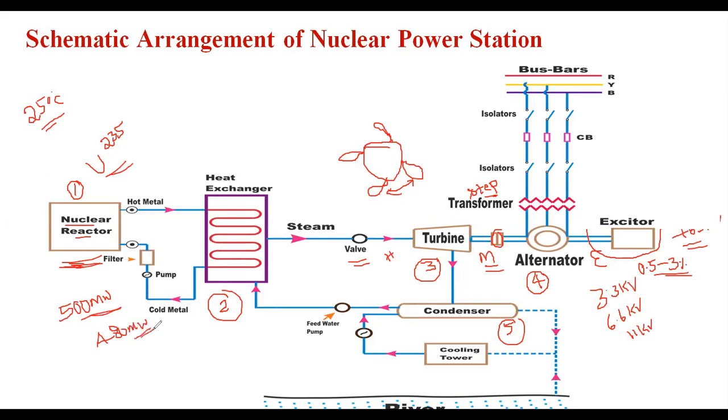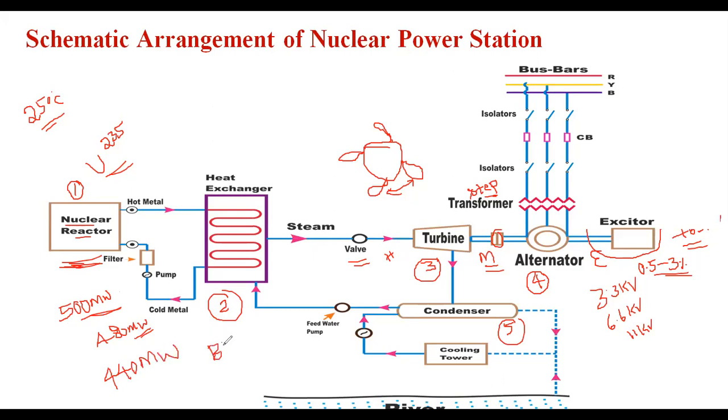At the time of construction, up to 1, 2 or 3 years, you can generate up to 520 or 540 megawatts. But in a particular power plant, the actual maximum demand is 440 megawatt, less than 450 megawatt. Again, there are two types of load.